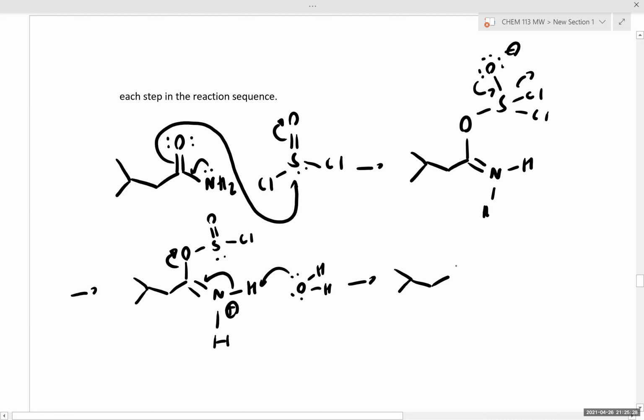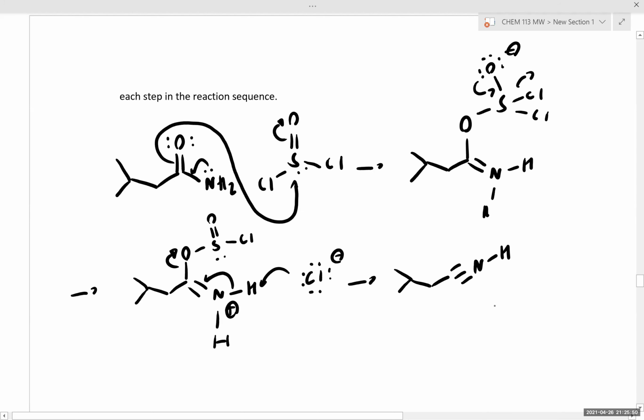This in turn gives us our protonated nitrile. We'll use chloride. You can also use an equivalent of amide. All would be fine just to pull off this proton.